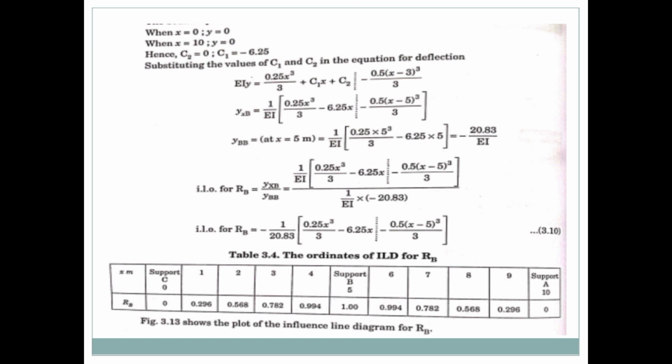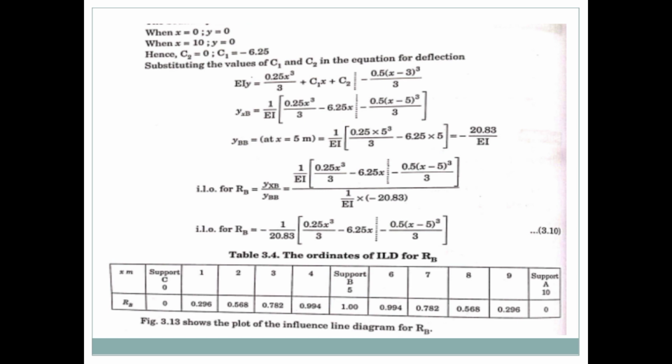And finally, the influence line ordinate for RB is equal to YXB divided by YBB. So I am substituting YXB, 1 by EI into 0.25 x cube divided by 3 minus 6.25 x minus 0.5 into (x minus 5) cube divided by 3, divided by 1 by EI into minus 20.83.